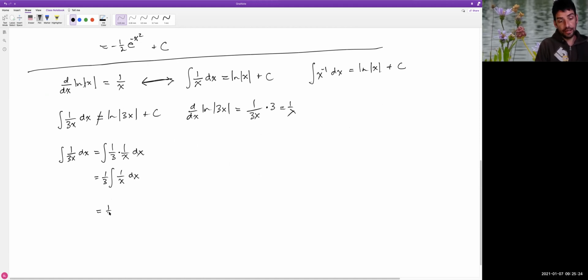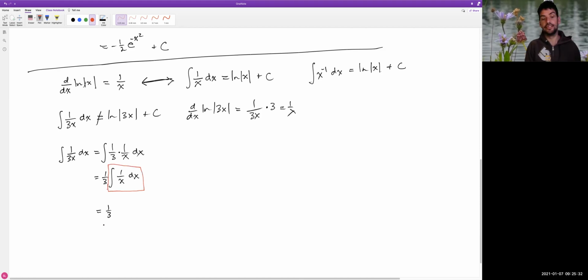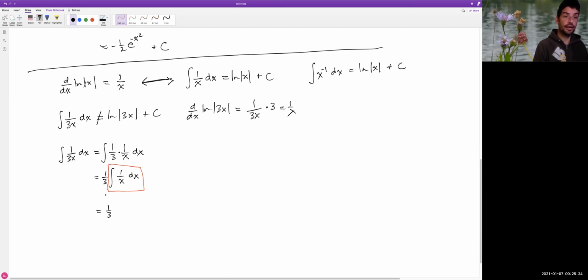And so now we can apply that rule, because now we precisely have the antiderivative of 1 over x here, right? And so we know what that symbol is equivalent to. It's equivalent to the natural log of x plus c.